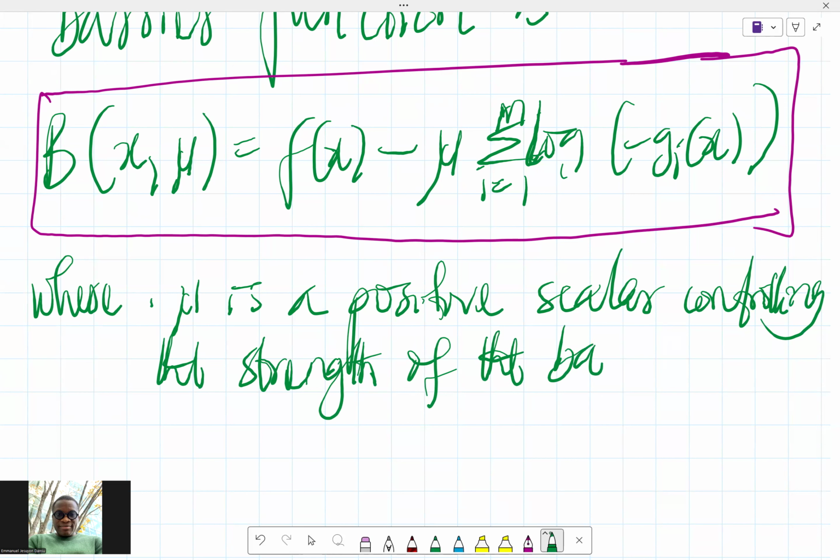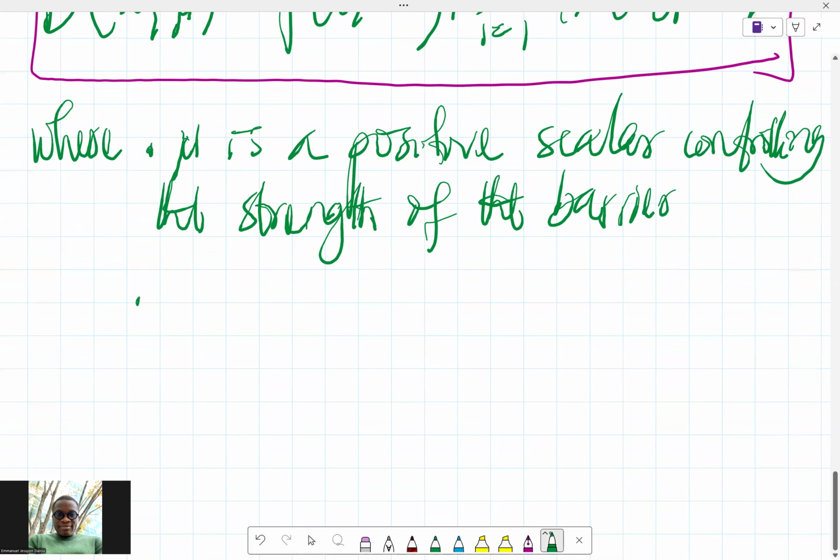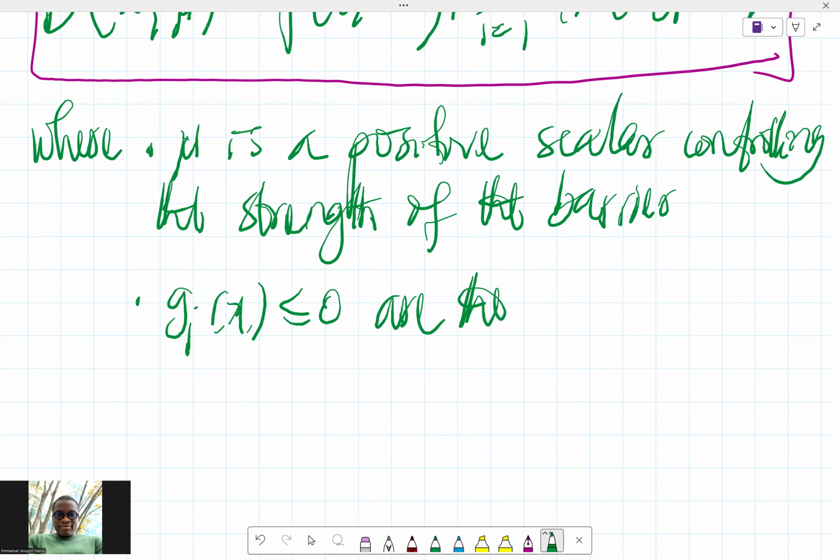So it is analogous to the penalty parameter we saw the other time. So this one is more like the barrier strength or barrier parameter, if you like. Then we have gi of x less than or equal to 0, which are usually the inequality constraints.